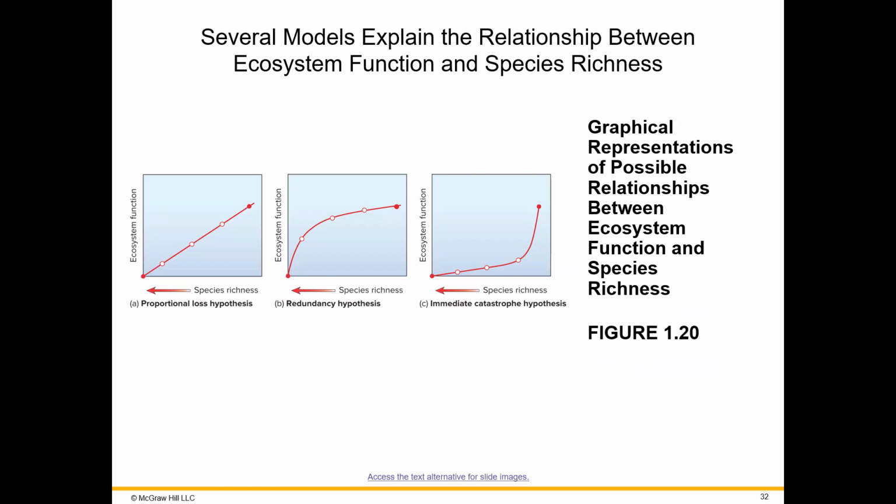And finally, the last one is the immediate catastrophe hypothesis, which suggests that ecosystem services decline very quickly even after small losses in biodiversity. In this scenario, a full complement of species is necessary for ecosystems to function properly. Now, different ecosystems can follow different models, so not all ecosystems will have each hypothesis model.